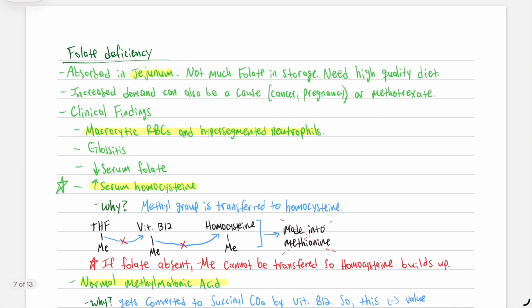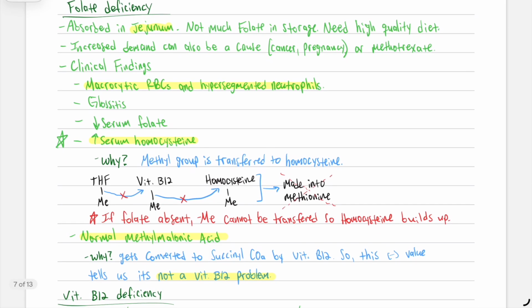So first, we're going to talk about folate. Folate is something that we get in our diet, and so it's very important that we have a high-quality diet, and folate is absorbed in the jejunum, which is a part of the small intestine. And it's important we have it in our diet because we don't store much of it in the body.